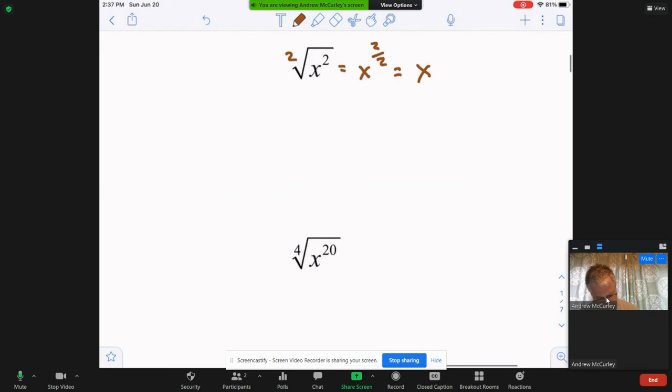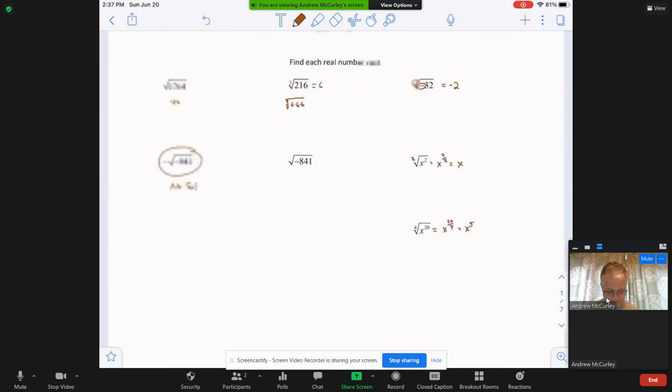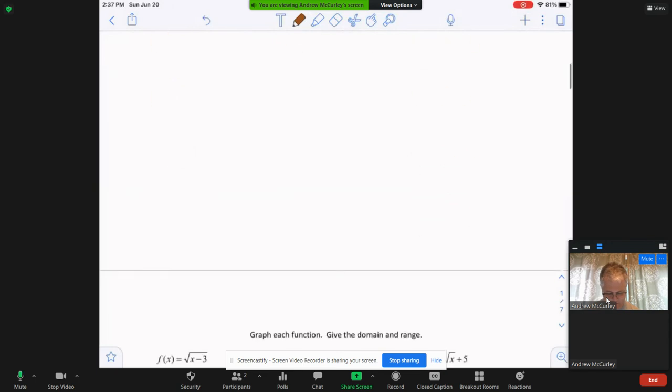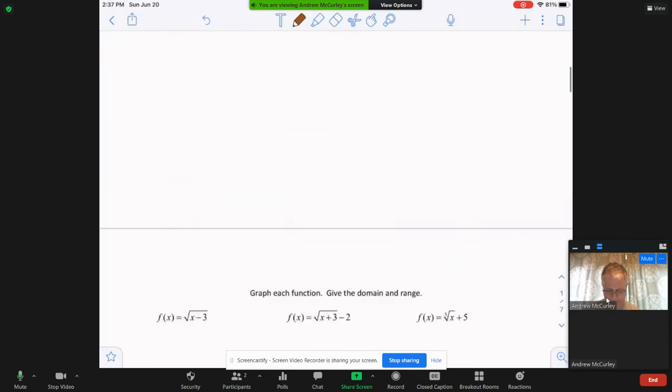Same thing down here. We can say this is x to the 20th divided by 4 because it's a 4th root. So really 1/4 times 20. So this is x to the 5th. 20 divided by 4 is 5. So these are some of the ones that we start out with.